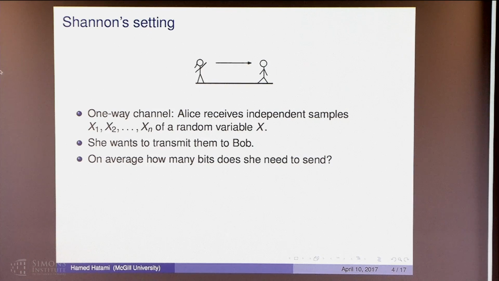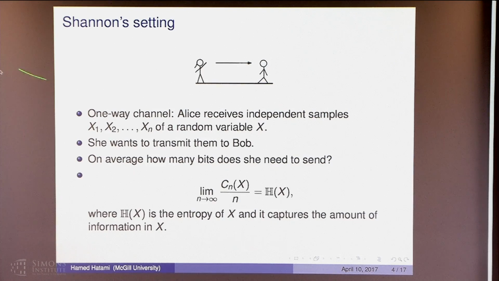This important theorem of Shannon, known as Shannon's source coding theorem, says that if you take this number of bits divided by n, as n grows, this converges to the so-called entropy of the random variable x, which has a nice formula. From this, you can say that entropy really captures the essence of this random variable: how many bits of information is inherently there in x?